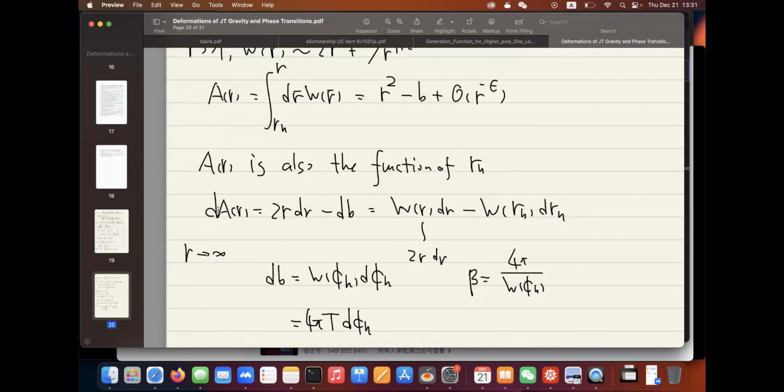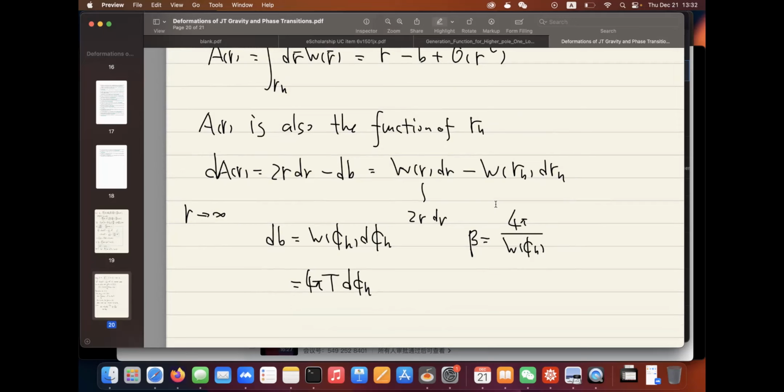We can say that dA is equal to, from this part, 2r times dr, minus dB, times this one. And from its integration version, the variation comes from the start point and the end point. So we have this formula.